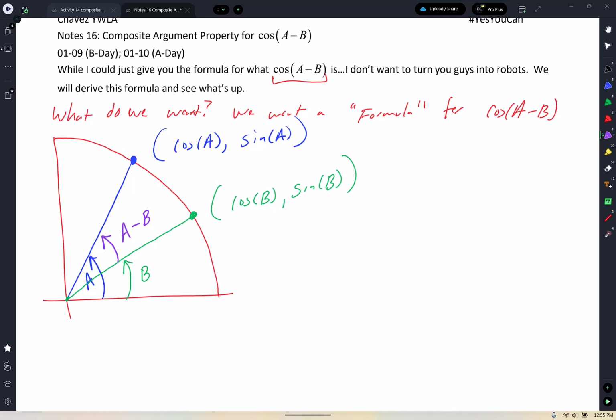All right. Let me write this over here, A minus B. I want you guys to notice that if I were to draw a triangle right here from this vertex to this vertex, with another segment perpendicular, boom, there's my right angle. And if I connect these two dots, I have a triangle like so.